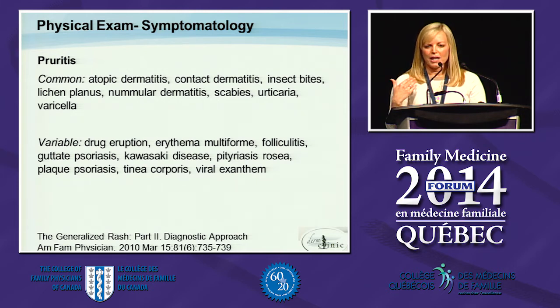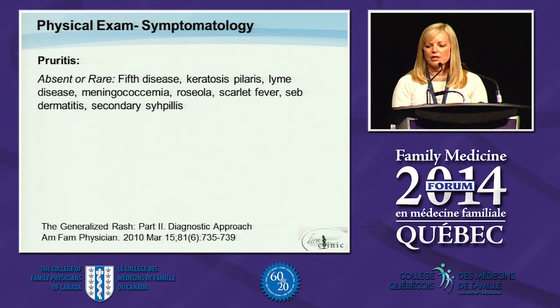So speaking about that a bit as we went through our list, there are some conditions which are very, very itchy. So atopic dermatitis, nummular dermatitis, insect bites, scabies, urticaria, those things patients are going to be very uncomfortable. Drug eruptions, guttate psoriasis, some of the viral exanthems, tinea, they may be itchy, but it's not always quite as prominent a sign, or symptom, I should say.